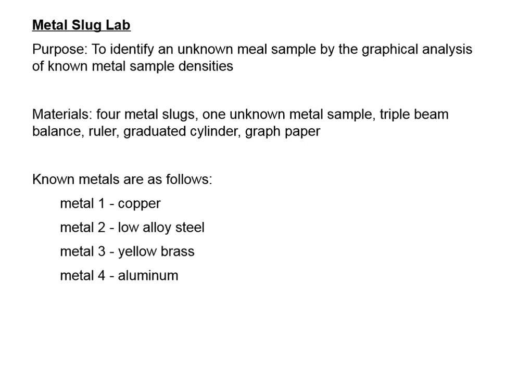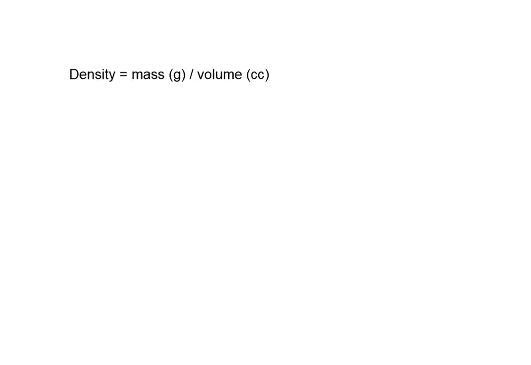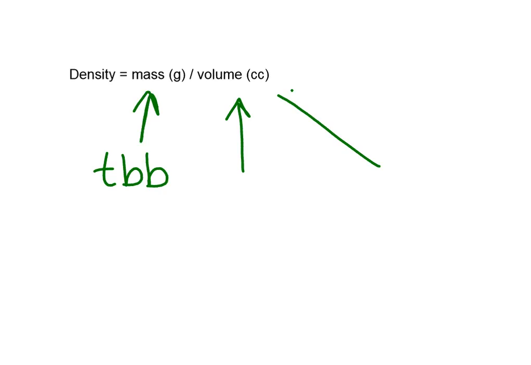Okay. Now, like I said, this is all based on density. So if I look at density, which is mass divided by volume, right? I'm going to have the mass, which hopefully we know we're going to get from the triple beam balance. Okay, and then the volume, you can actually get in one of 2 ways, and I'm going to go ahead and let you figure out how to use the tools that we have.